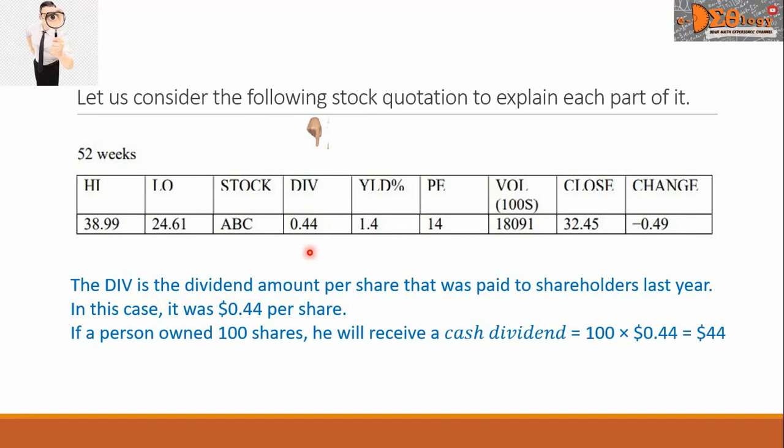If a person owned 100 shares, he will receive a cash dividend. That is, we multiply the number of shares, that is 100, by this $0.44. So the answer is $44. This is the cash dividend.